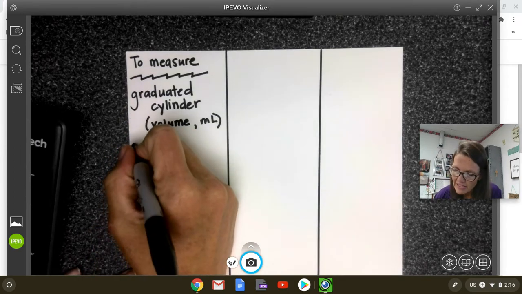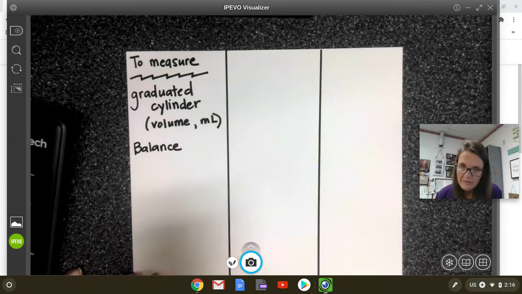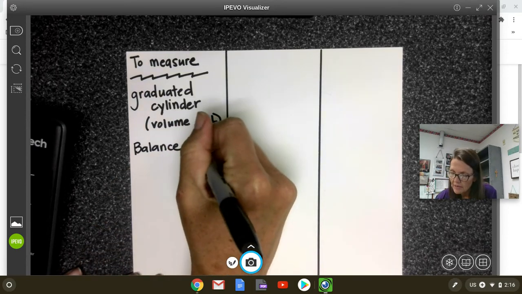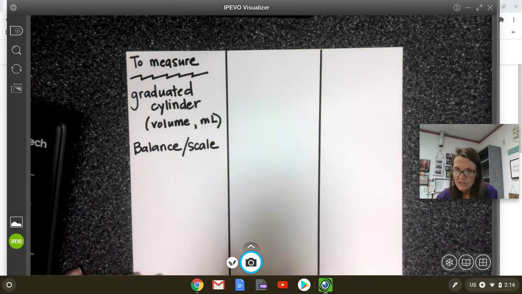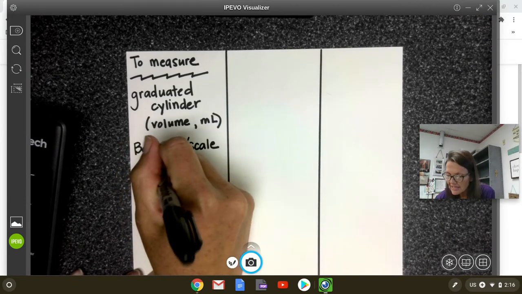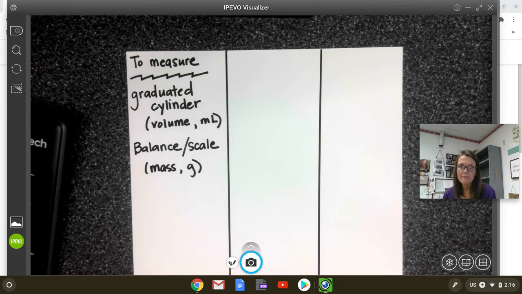So the next thing we're going to write down is a balance. Sometimes you might hear them called a scale. I'm not really picky about which version you use for the name, and they measure mass in grams.